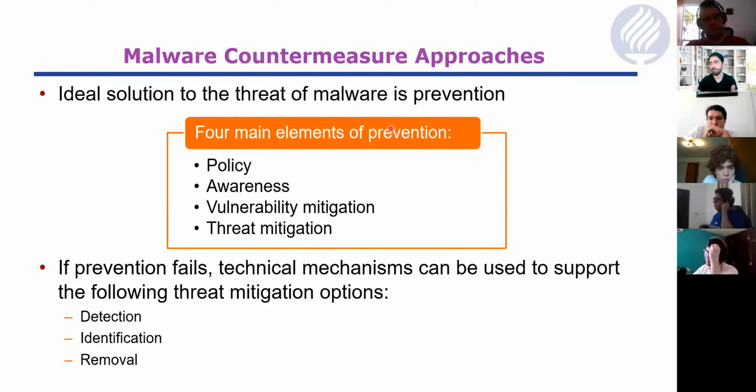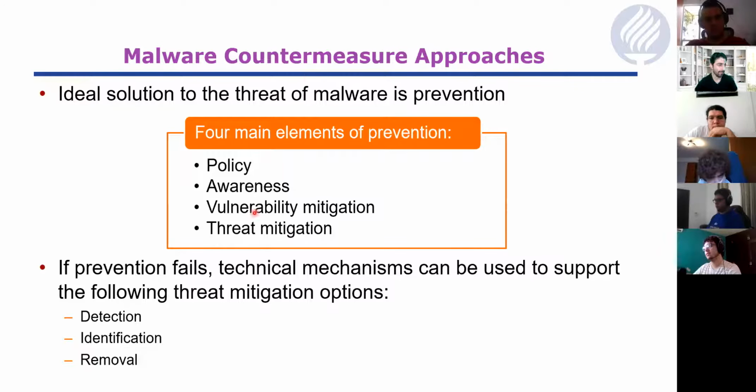But as we know, prevention doesn't always solve all the problems. No matter what we do, no matter how much we take into consideration all the elements of prevention, still we're going to be affected one day or another by some malware or other security issues.